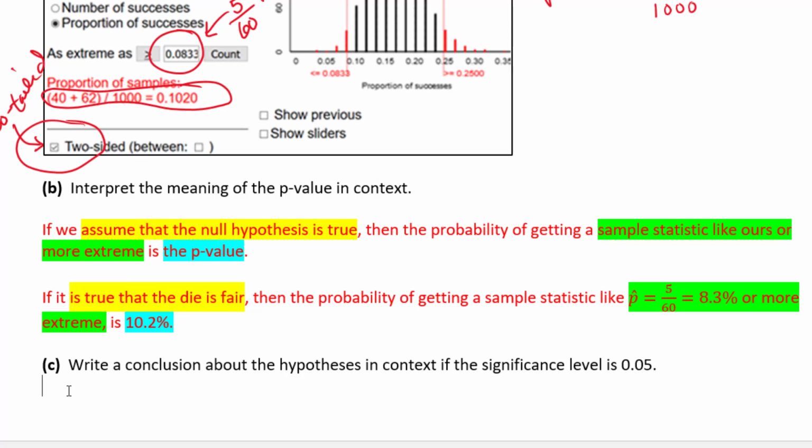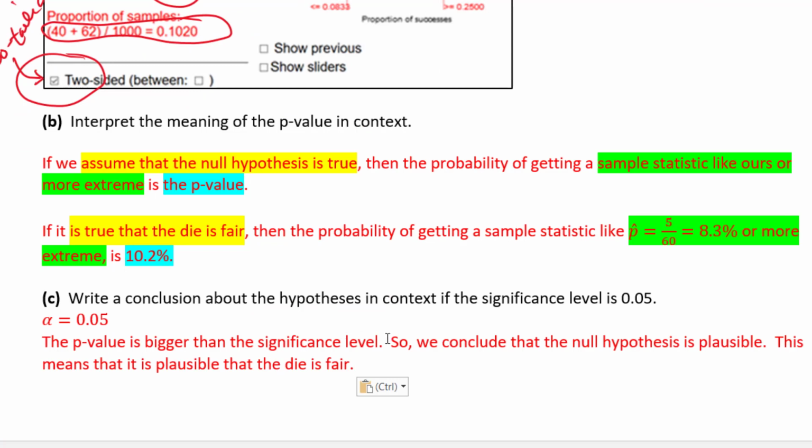And lastly, we now make a conclusion about the hypotheses. Recall, if your p-value is smaller than the significance level, then we reject the null hypothesis and we have strong evidence in support of the alternative hypothesis. So our alpha is 0.05, our significance level is 0.05, but our p-value is bigger than our significance level because our p-value, remember, is equal to 0.102, which is bigger than 0.05.